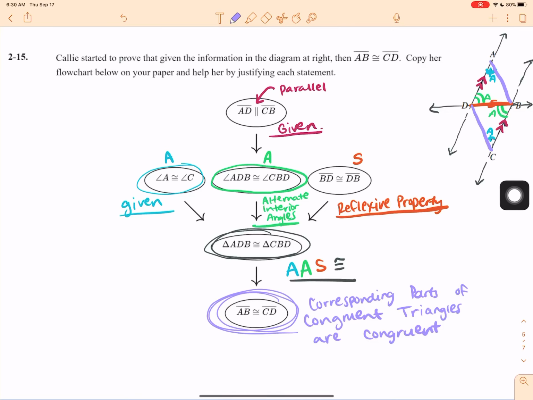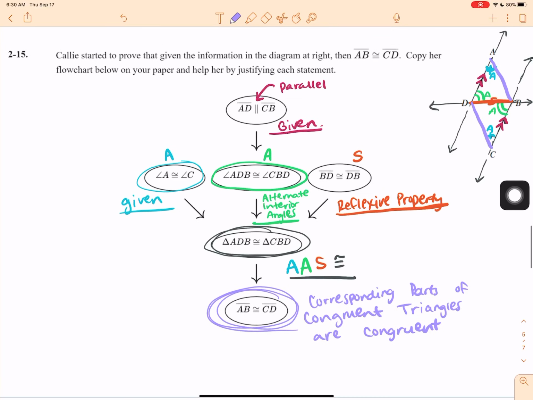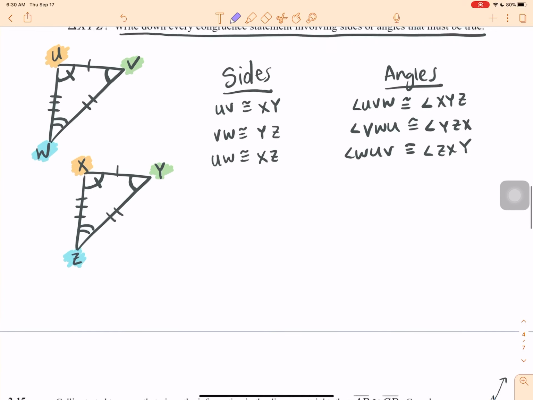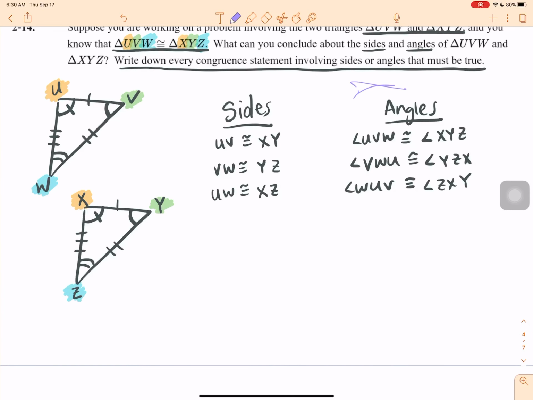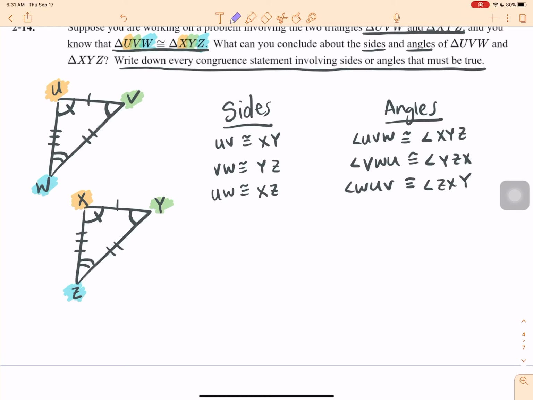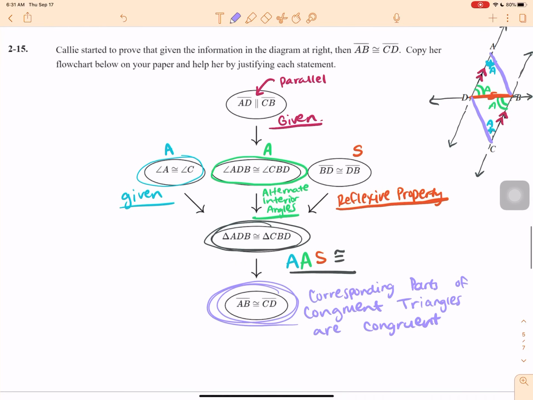We could prove every single angle and every single side is congruent, just like up here in problem 2-14. If we have two congruent triangles, we know all the corresponding sides and all the corresponding angles are indeed congruent. So that's what we're saying here.